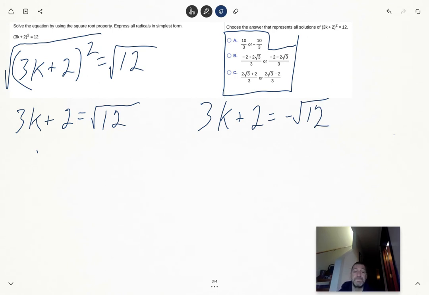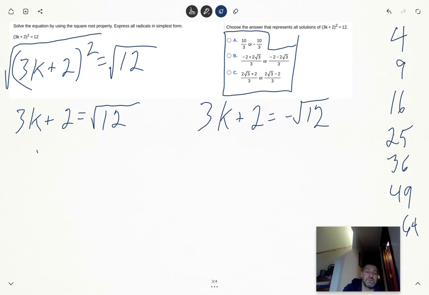Okay, so if you recall, to simplify the square root of 12, we want to find out if any perfect squares go in there. So on the right-hand side, I'm going to put my perfect squares: 4, 9, 16, 25, 36, 49, 64.